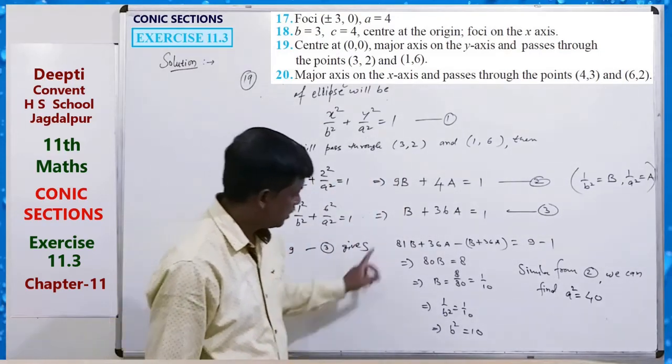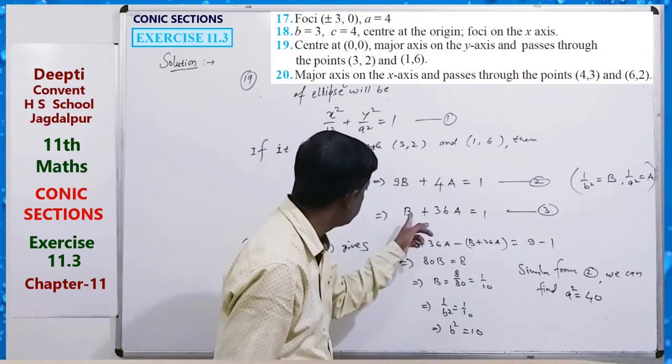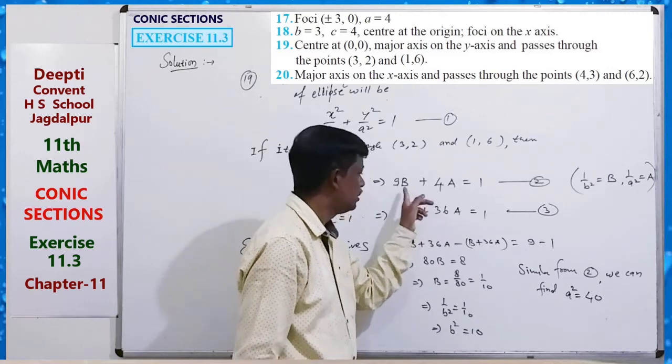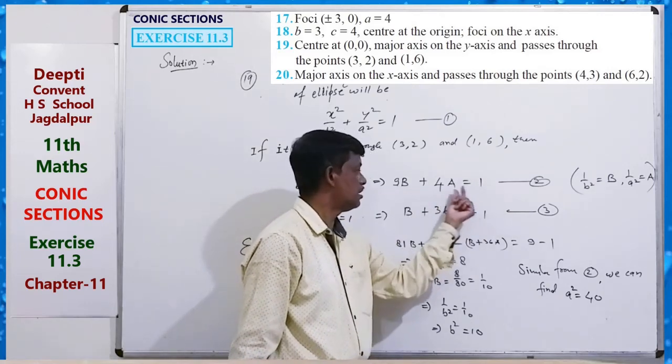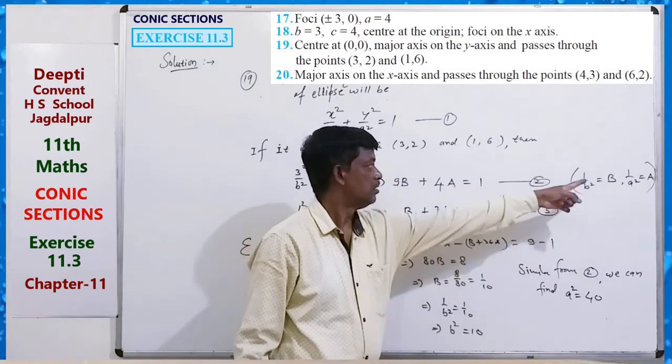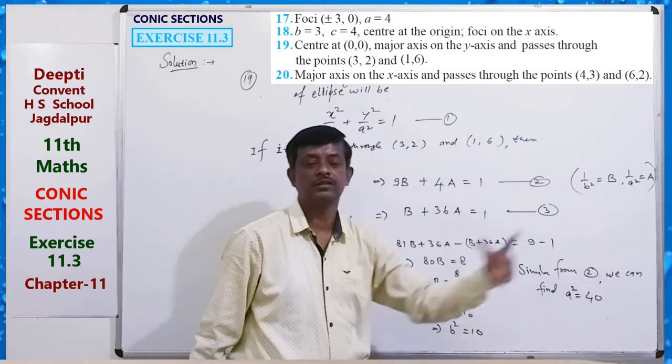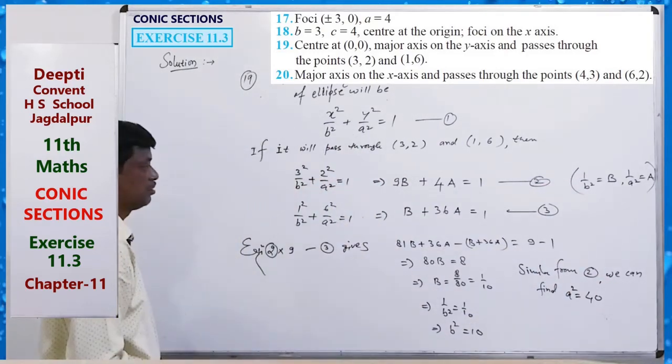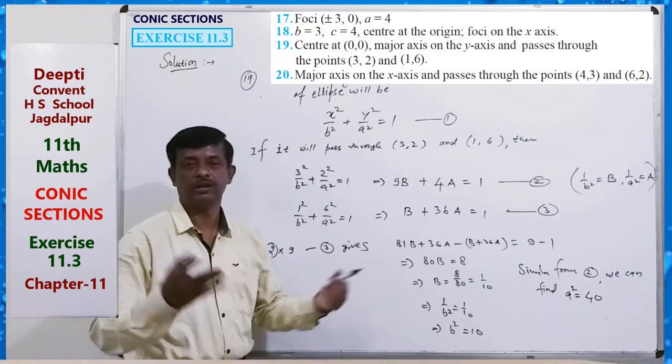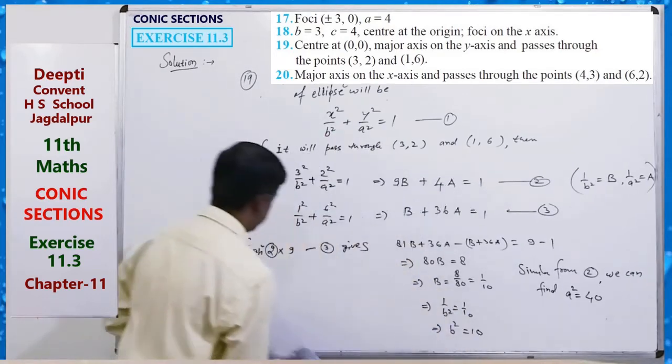How to solve? Just put B equals 1 by 10 here, transfer to the right hand side, and you get 1 by a square equals something, and then a square equals 40. Finally just put it here, then you can get the equation.